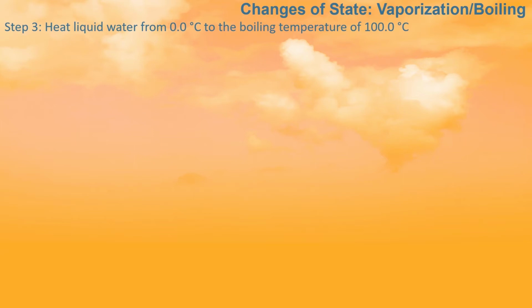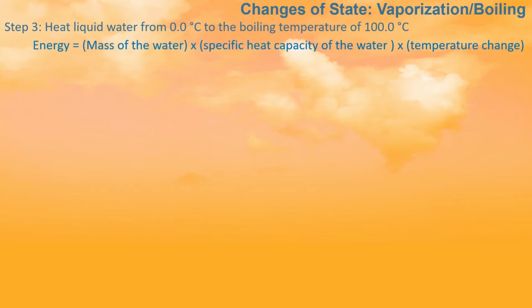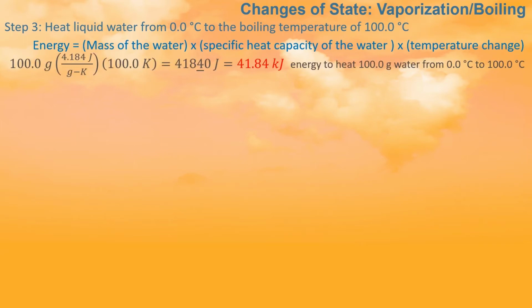To make the calculations easier using heat capacities, we usually assume the values do not change in this temperature range, thus are constant. The product of the mass, the specific heat, and the temperature change of 100 degrees Celsius or Kelvin gives us a total energy value of 41.84 kilojoules needed to heat the water from 0 degrees Celsius to 100 degrees Celsius.